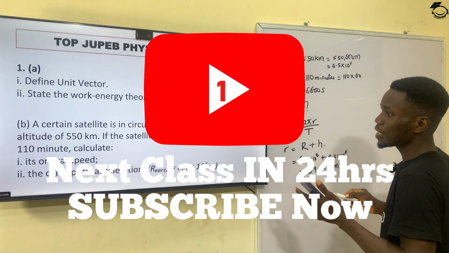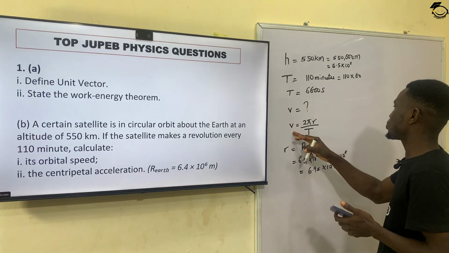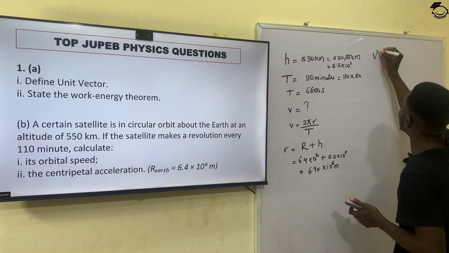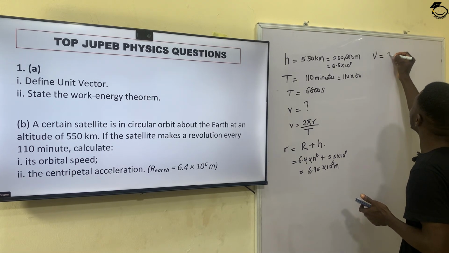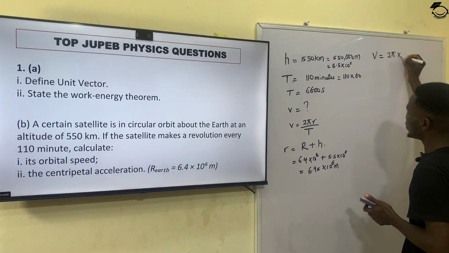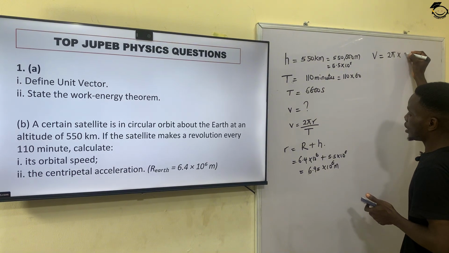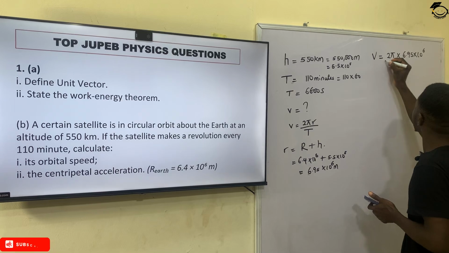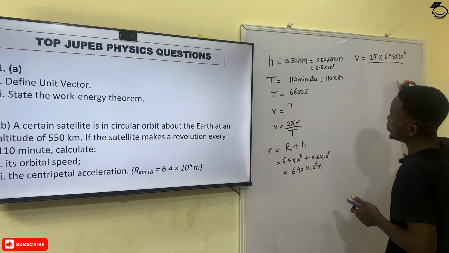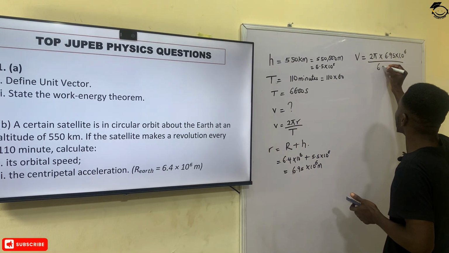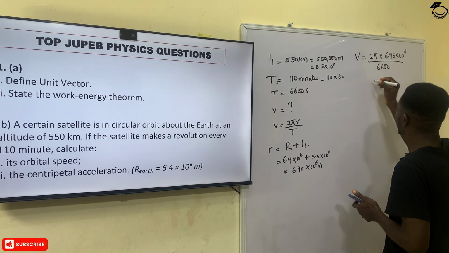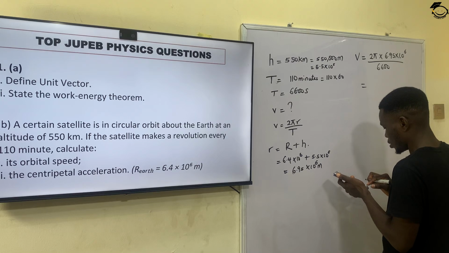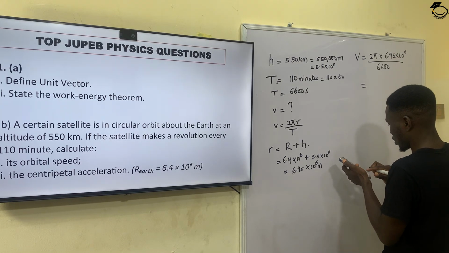For us to find the orbital speed, we know that our orbital speed is equal to 2 pi r over the period. So my orbital speed v is equal to 2 pi times my radius, 6.95 times 10 raised to power 6, divided by the period in the question, 6,600.